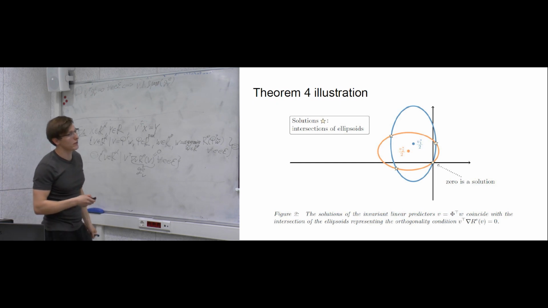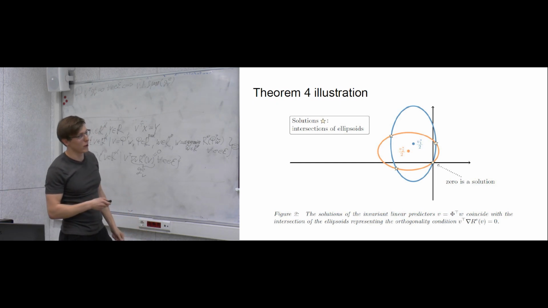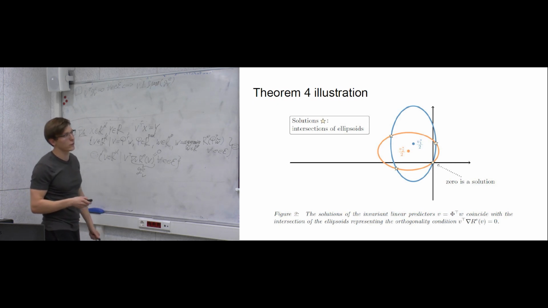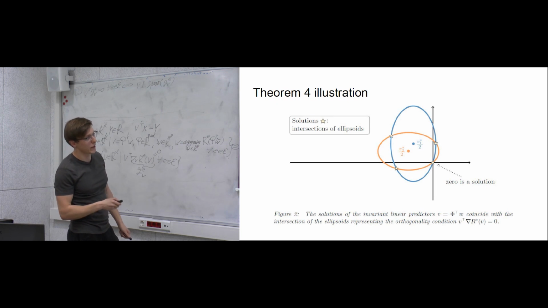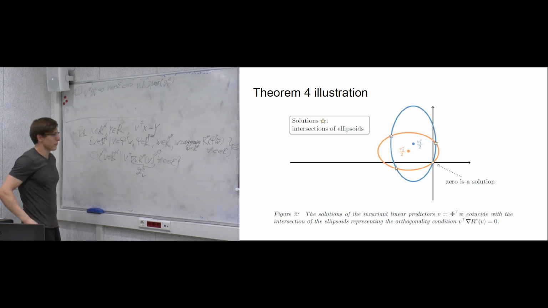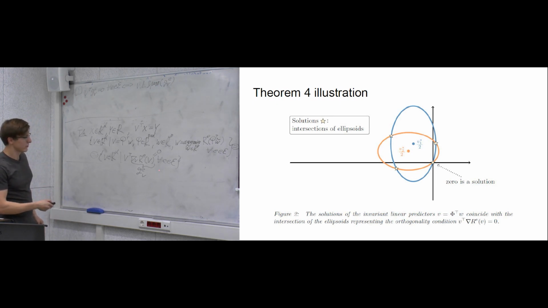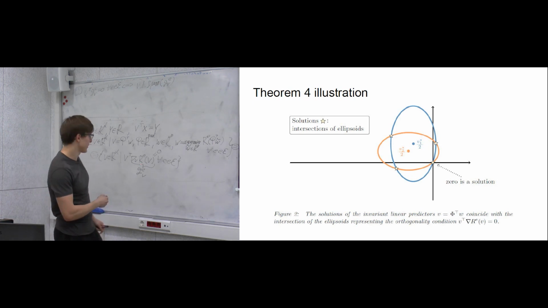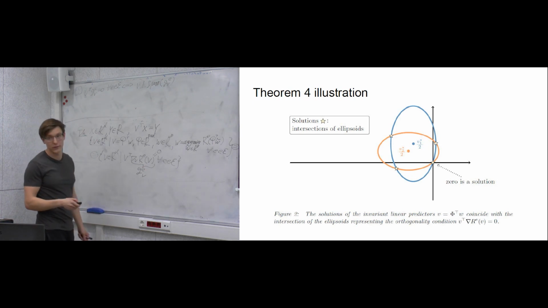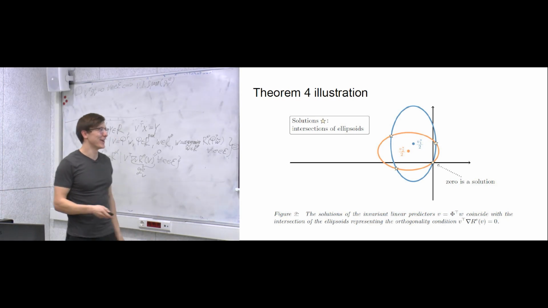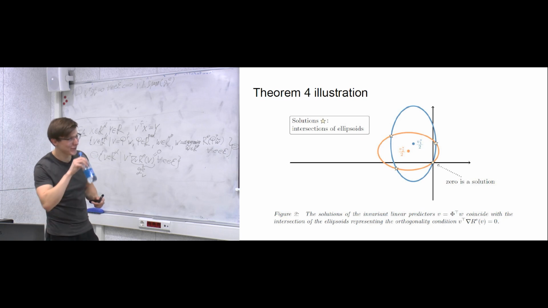Basically, we can see that the solutions of our invariant linear predictors lay on the intersections of ellipsoids, where ellipsoids are induced by this equation for the MSE loss. For the MSE loss, this equation will be just ellipsoids, because it's a squared function. Well, never mind. I understand that I'm also tired. It's okay.